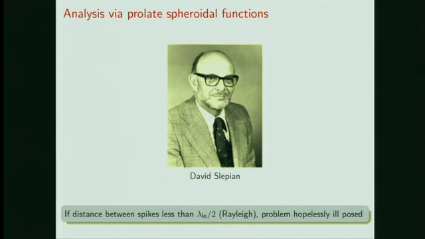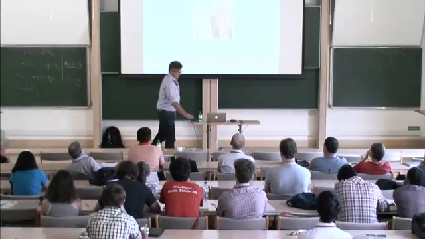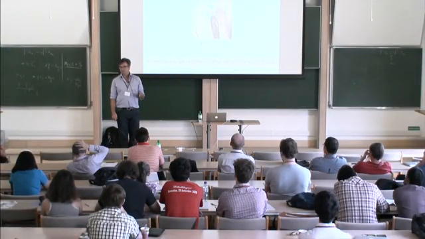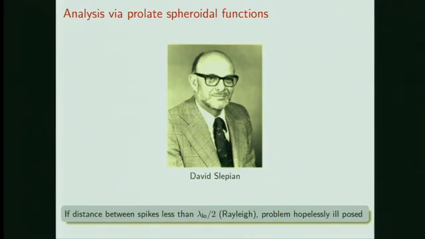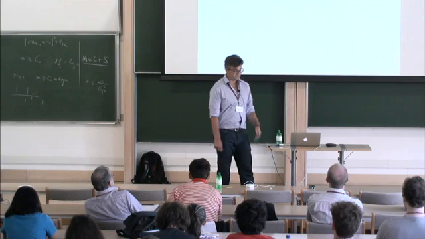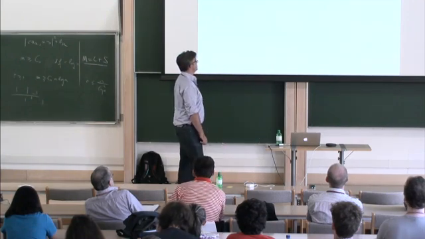It's extraordinarily ill-posed. Okay. And so L1 needs this separation condition, but you need it for stability anyway. So robust super-resolution of arbitrary sparse signals is impossible. That's in contrast with compressed sensing. And so we can only hope to super-resolve signals that are not too clustered, and that's what the L1 norm does.